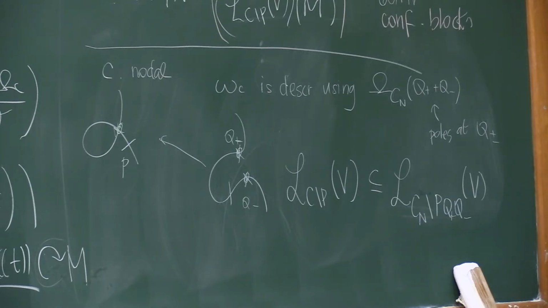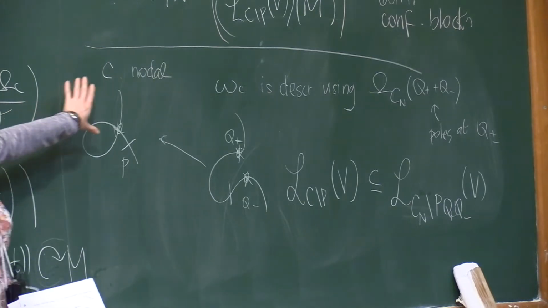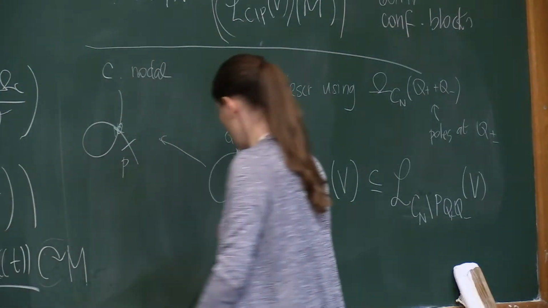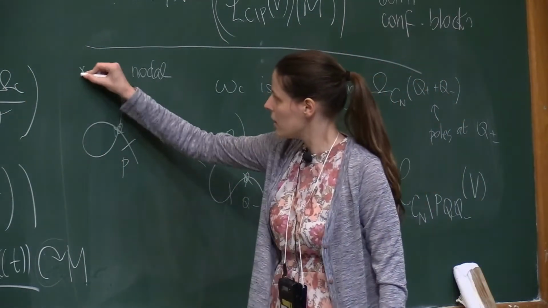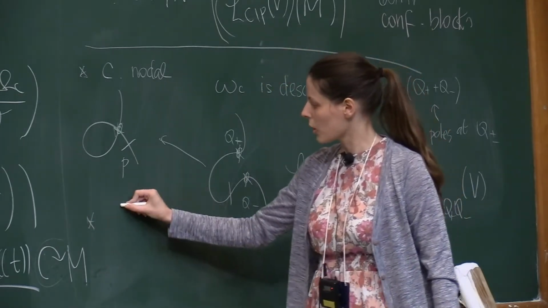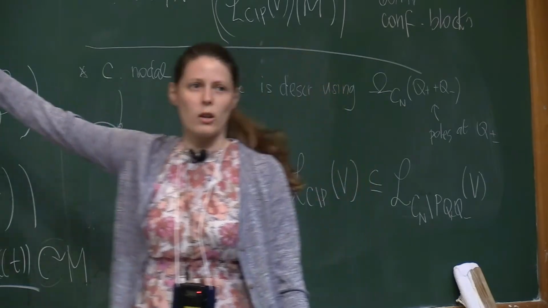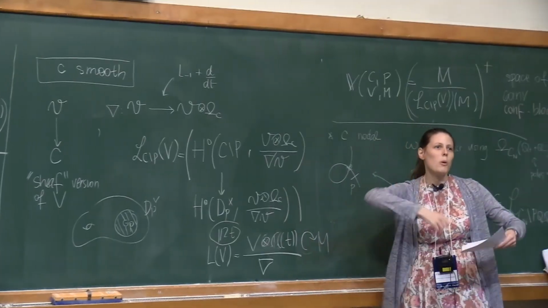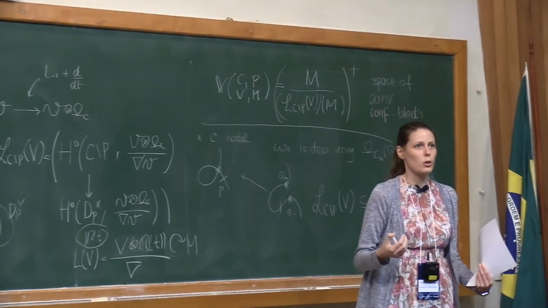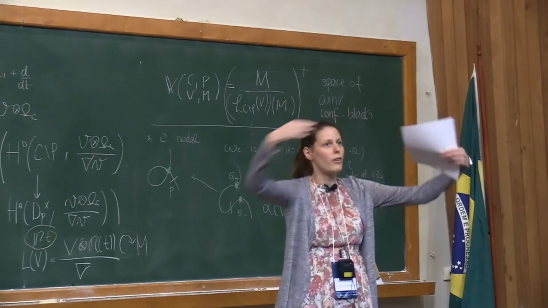So we can define it, and this definition can actually be further generalized to the case in which your curve... we have a curve which is smooth, we have a curve which is nodal, but we would really like to define this, in order to show that it's a sheaf, over a family of curves.